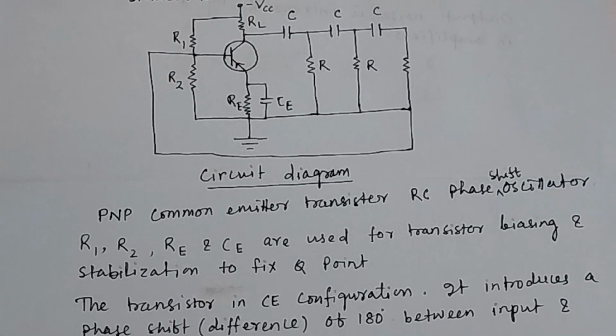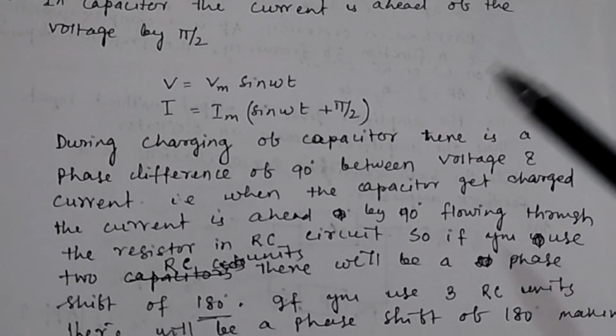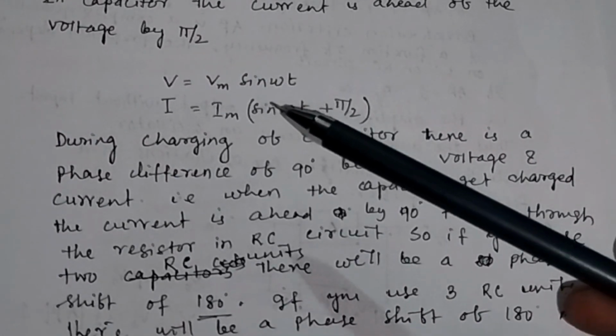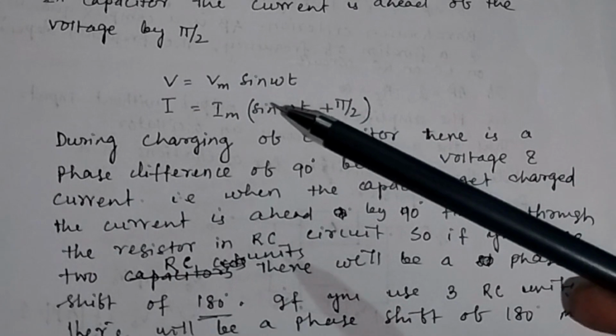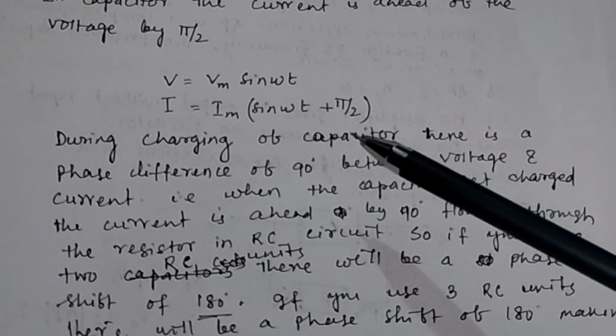Because during charging of a capacitor, there is a phase difference of 90 degrees between the voltage and current. As I have discussed in the case of the capacitor, if you have a circuit containing a resistor and capacitor, and if you represent the voltage as V equal to Vm sin omega t, then the current will be equal to Im sin (omega t plus pi by 2).